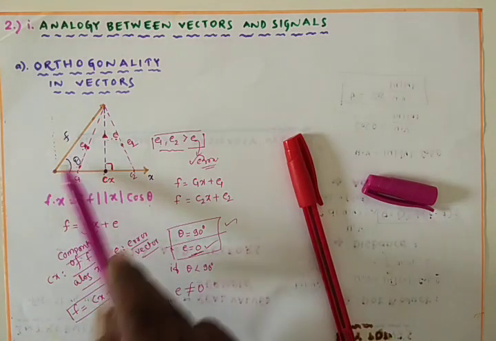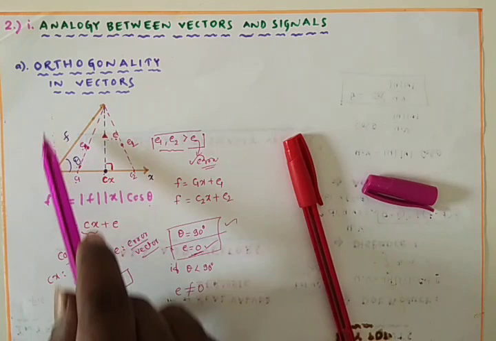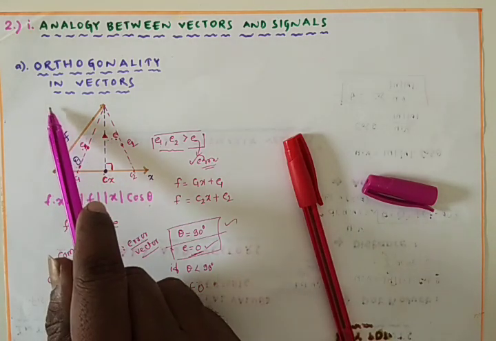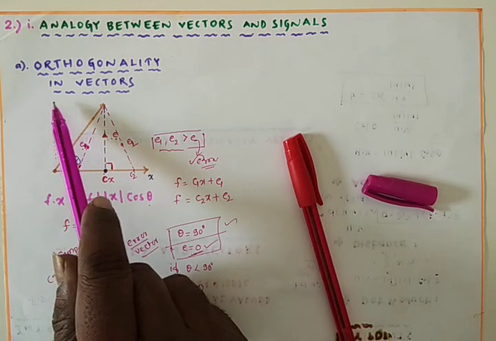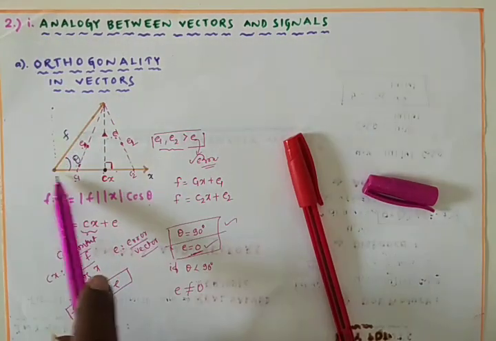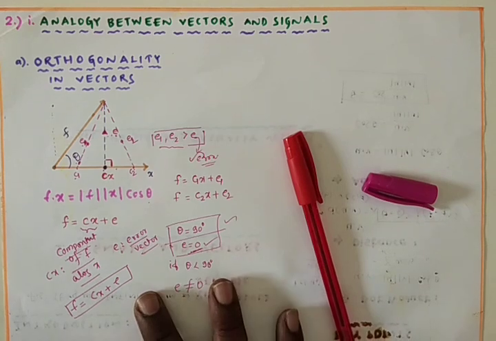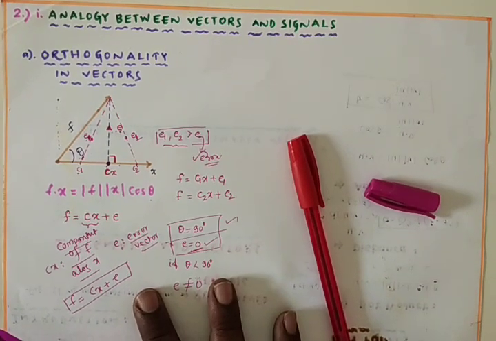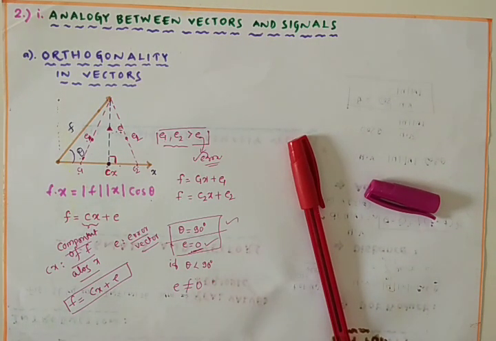If theta is exactly 90 degrees, F will not project any component on X, because F is going like this and X is going like this. So there is no projection of F along X, no component will be defined, and there is no error vector.